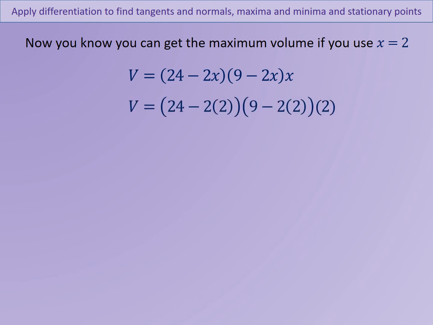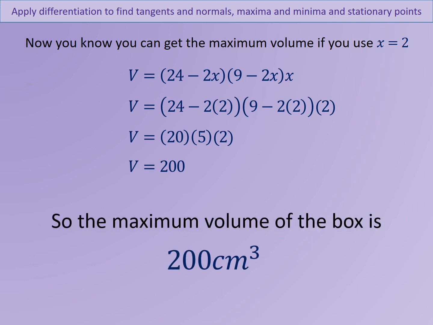If I place that value of x back into the original volume equation, I end up with an answer of 200. Any other value of x between 0 and 4.5 is not going to give me a volume that's bigger than that. That's the maximum volume that I can achieve.